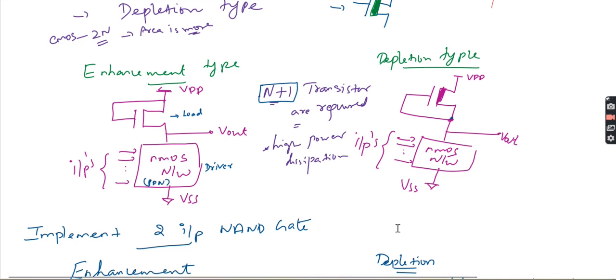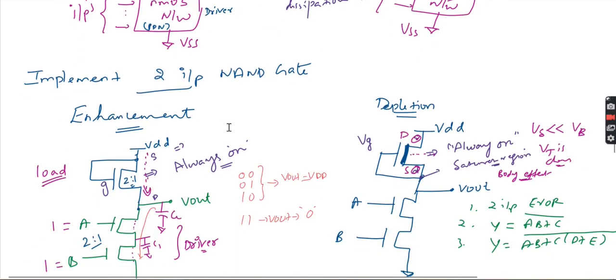See, we implemented two input NAND gates. This will be your enhancement transistor, because the gate is connected to VDD, so this transistor will always be on. If it is always on, a huge amount of power is dissipated there. That is why the power dissipation is very high.